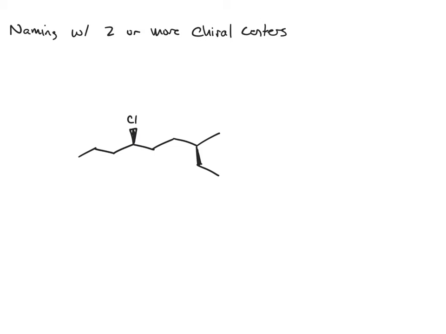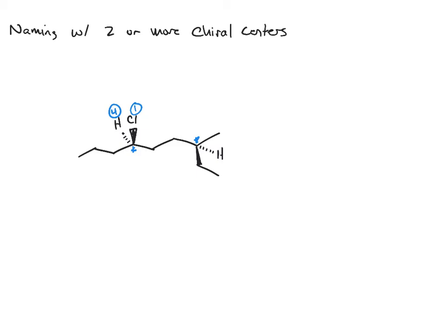For me, I like to identify the chiral centers first and assign R and S. What will be helpful is to draw in any implied hydrogens at the chiral centers. Now we have to prioritize our groups from 1 to 4. At this first chiral center, the chlorine is 1. The hydrogen is 4.